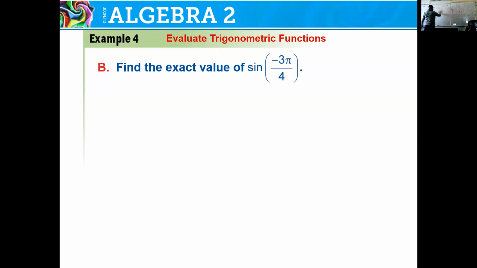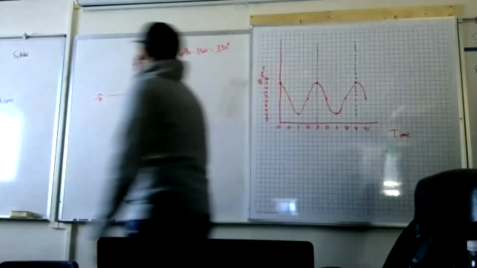Okay, the point I want to draw on to you on this one is that it's a negative rotation. Right? So when I set up my XY, I'm going to set it up to where it's kind of just a little different. We're finding the sine of a negative 3 pi over 4.